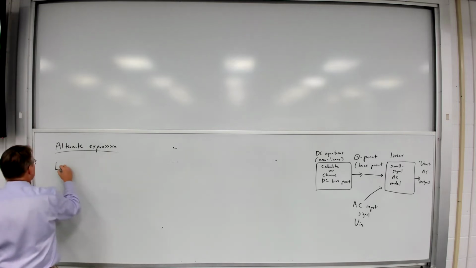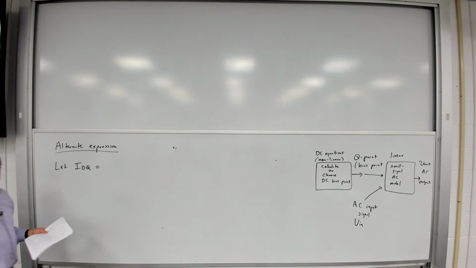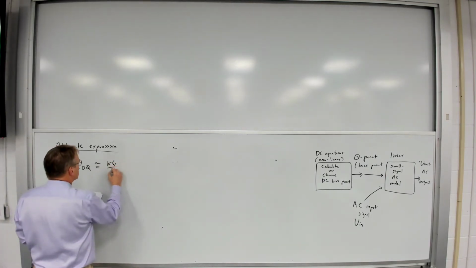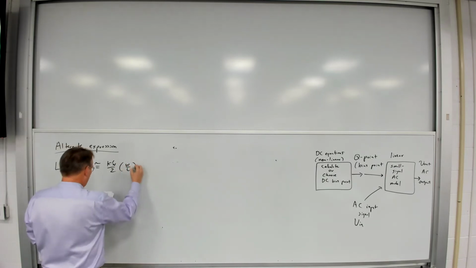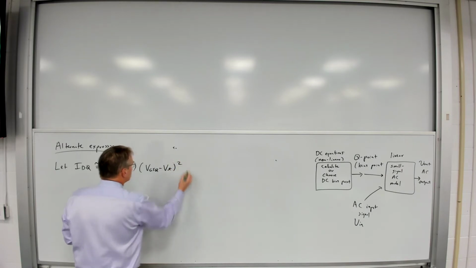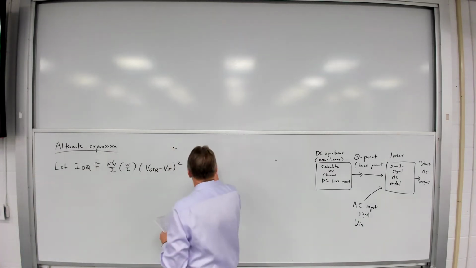Let IDQ, my quiescent drain current, be equal to K prime N over 2 times W over L times (VGSQ minus VT) squared. Once again, I'm ignoring lambda, just as I did before.